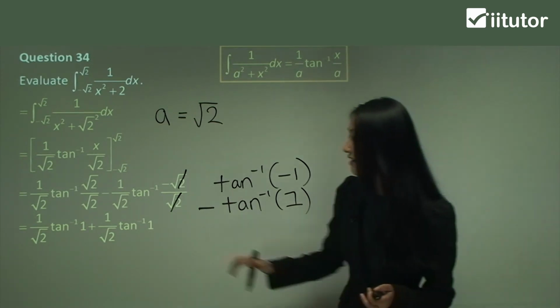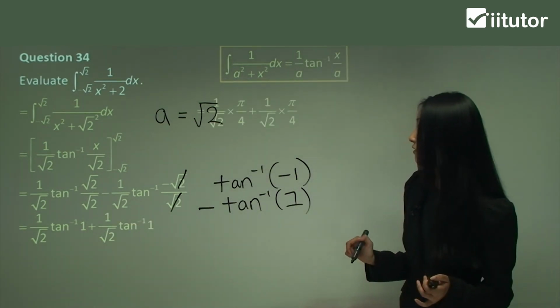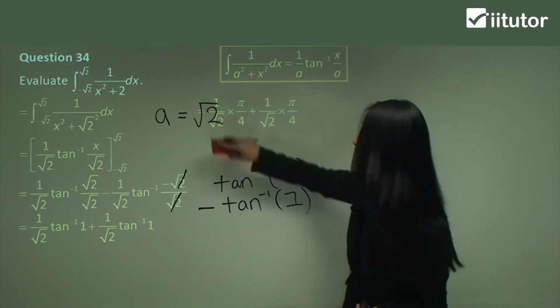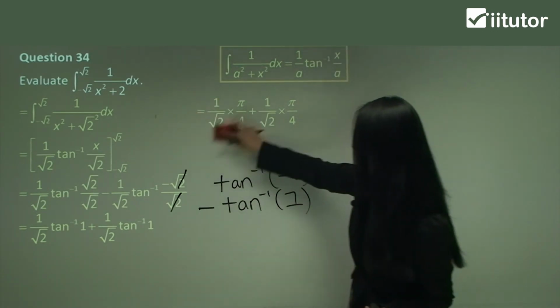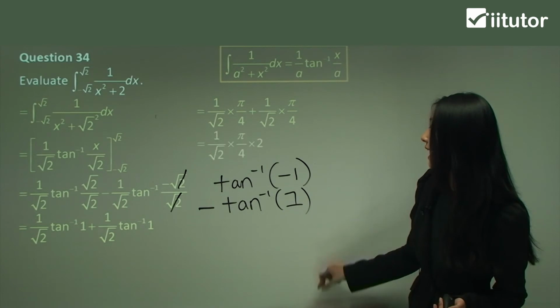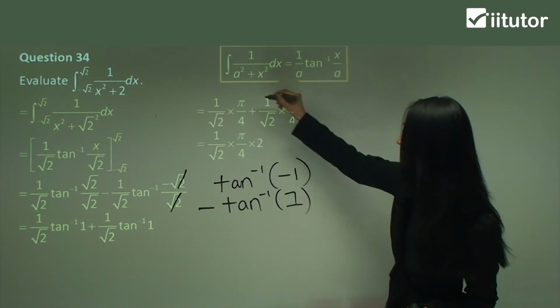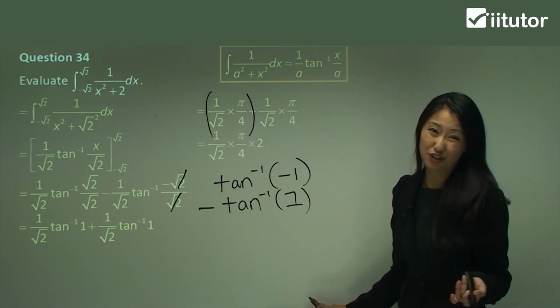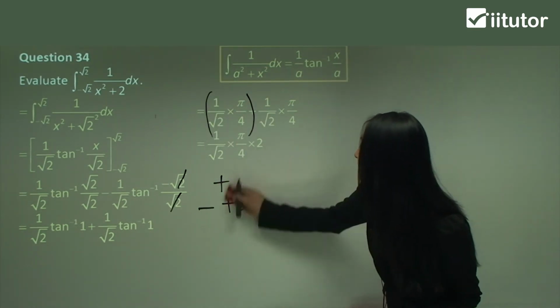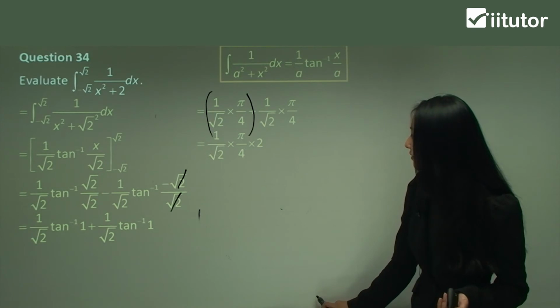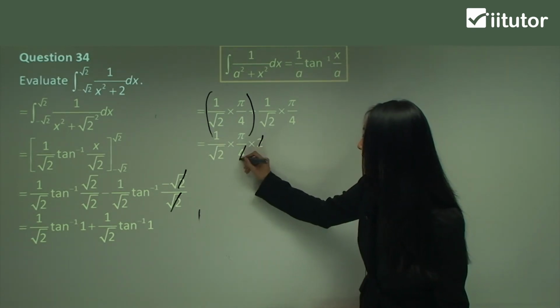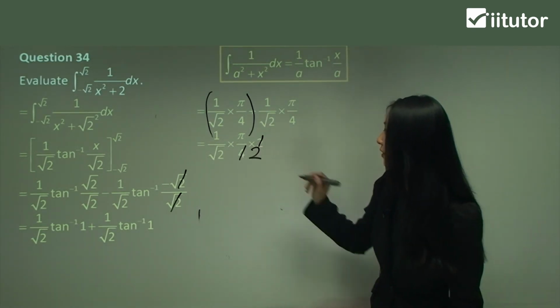All right, so remember, inverse tan of 1 equals 45 degrees, which is pi on 4. So that just becomes essentially that whole thing times 2. With that, the 2 and the 4 will cancel, and that just leaves me with 2 on the bottom.